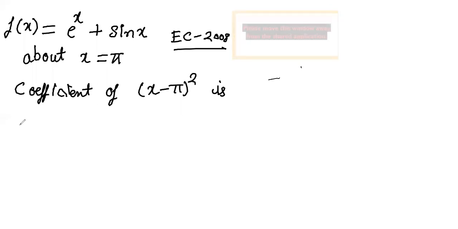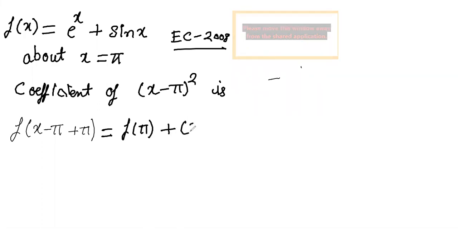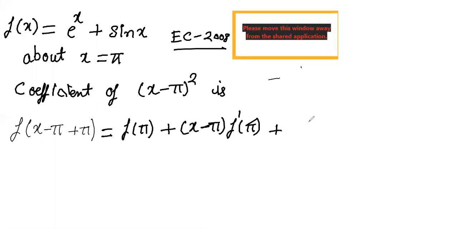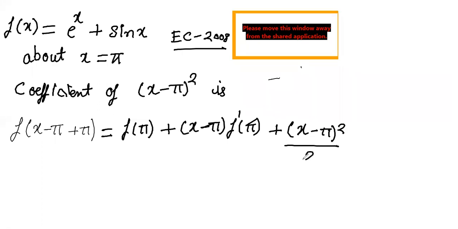So I have to write it as x minus 5 plus 5. f of x is equal to f of 5 plus x minus 5 f dash 5 plus x minus 5 square upon 2 factorial f double dash 5.